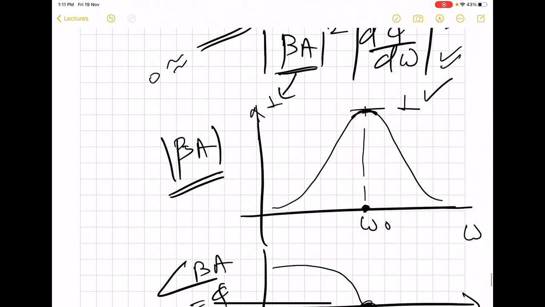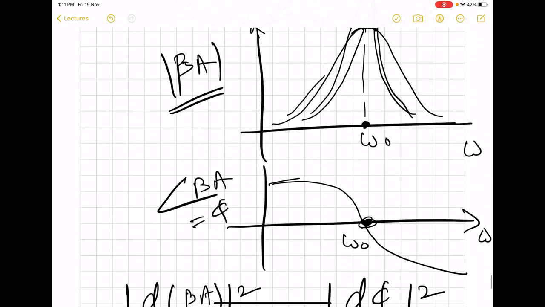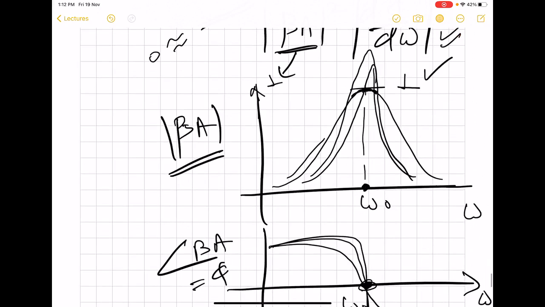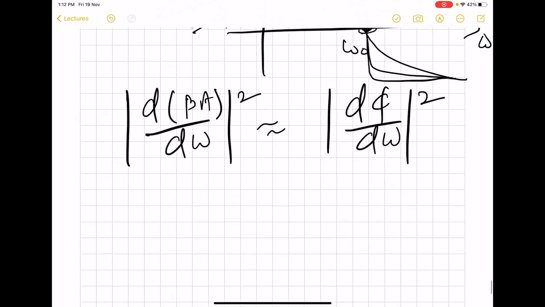And there could be a scenario when we have a sharper peak like this. Usually the sharper the peak, the steeper the transition of the phase is going to be. This sharpness of the oscillation is conveyed by a parameter called the quality factor.